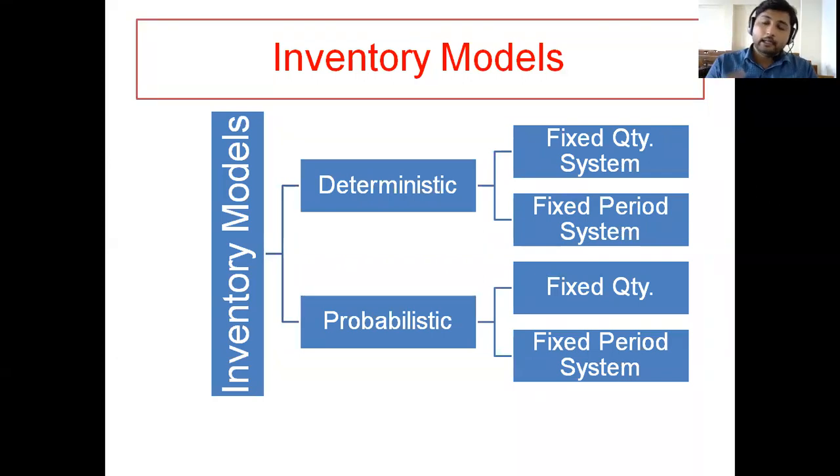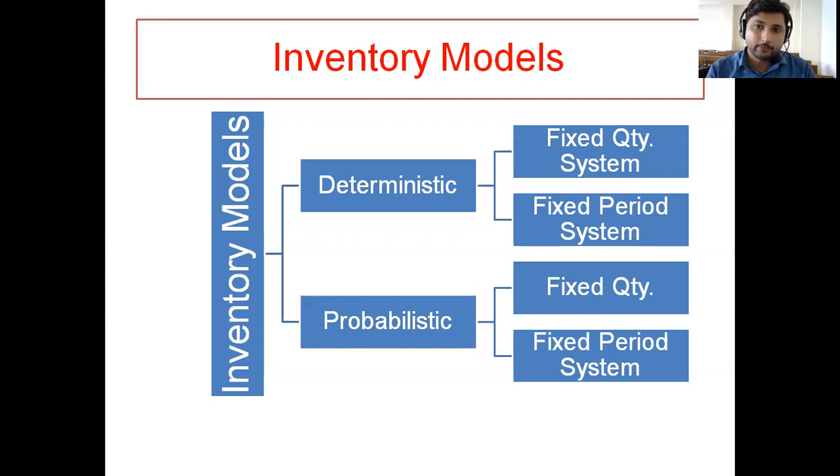It will be repeated in each order. Once my inventory level reaches 1,000 components, I will place an order of 1,000 components. So in each order the quantity of products is the same. That will be considered a fixed quantity system.